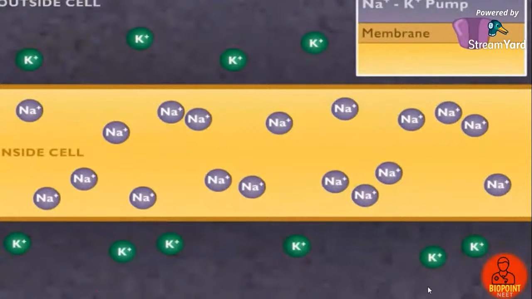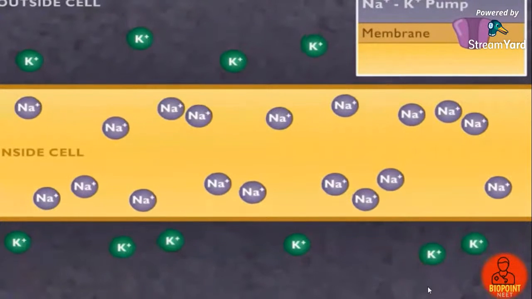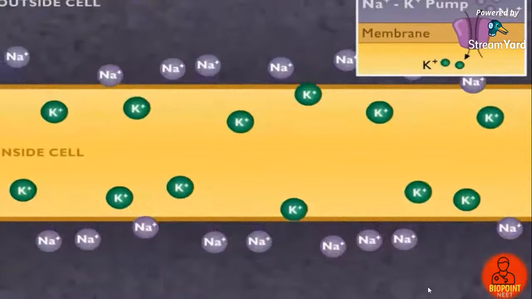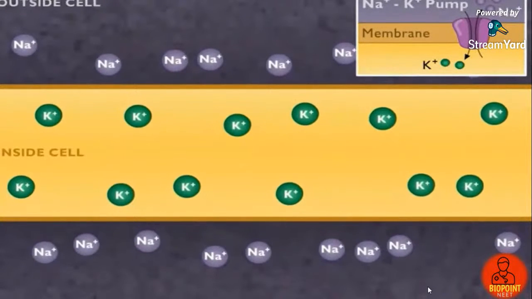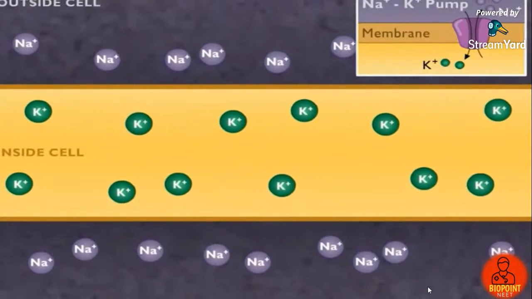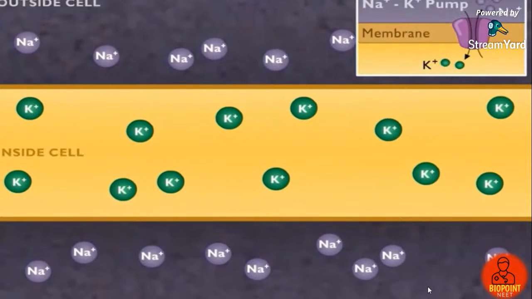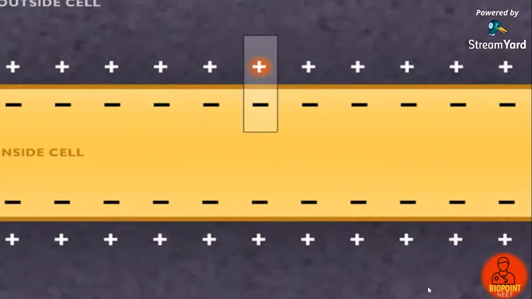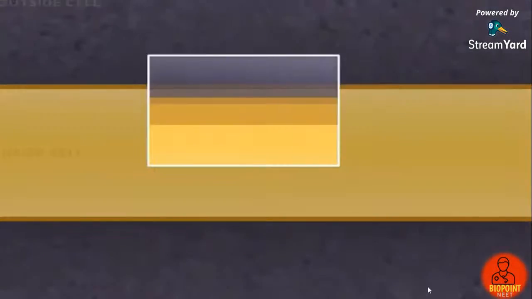The sodium potassium pump sends sodium ions outside and potassium ions inside in order to maintain the polarity. So this is the resting membrane potential, positive outside, negative inside.